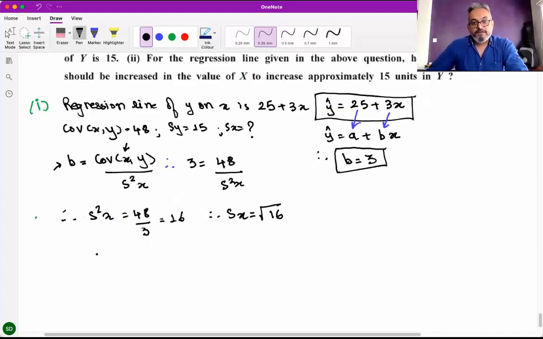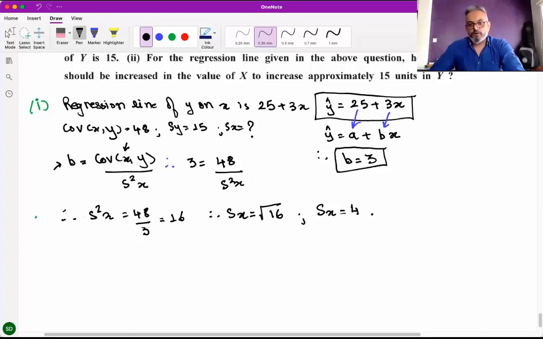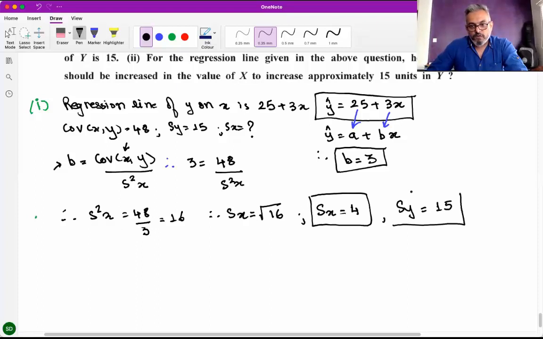Because standard deviation can never be negative, standard deviation is equal to 4. Now we have got standard deviation of x is equal to 4. We have standard deviation of y is equal to 15. We also have covariance x comma y is equal to 48.